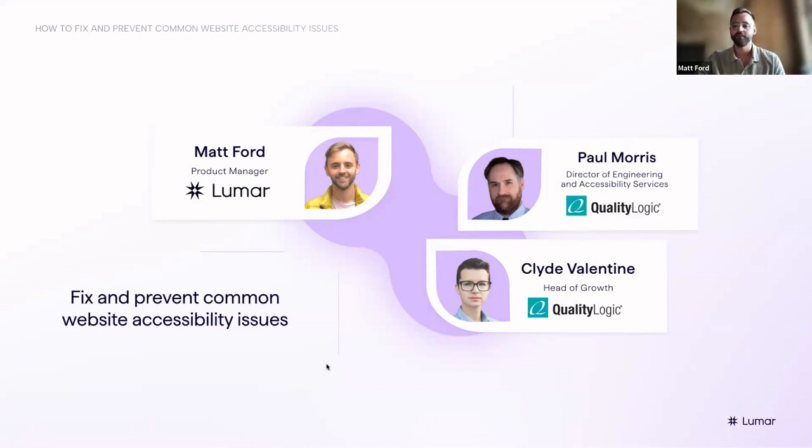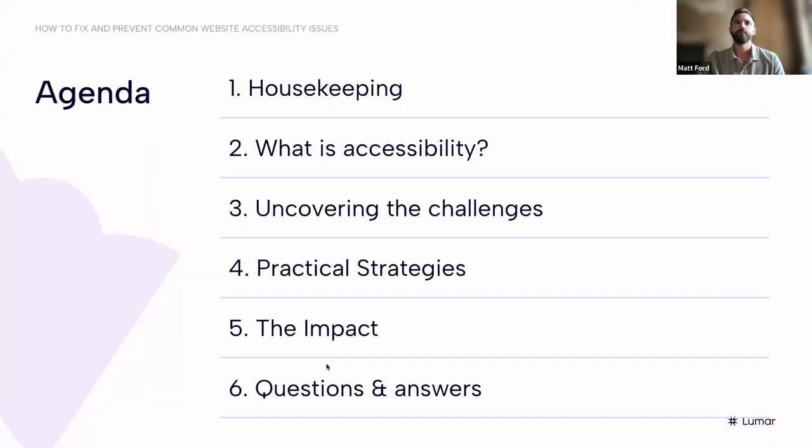I'll carry on with the agenda. What we're going to run through today, after some quick housekeeping: when we talk about digital accessibility and website accessibility, what do we mean by that? Then a discussion around the challenges of website accessibility and some of the common issues you might run into.